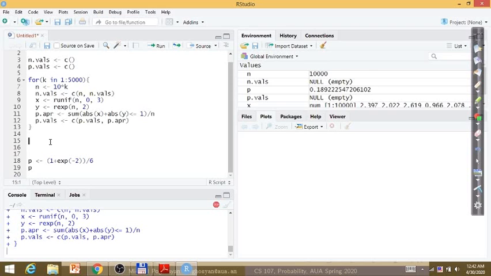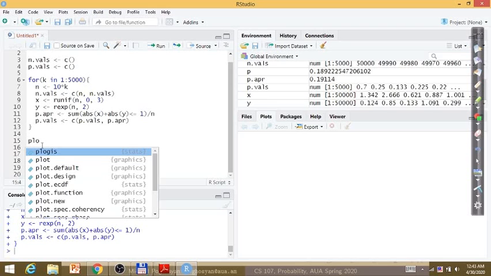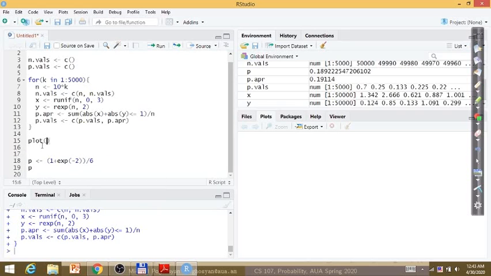Now, after having those p-vals, what I want to do is plot n-vals versus p-vals, or p-vals versus n-vals, maybe that's correct.